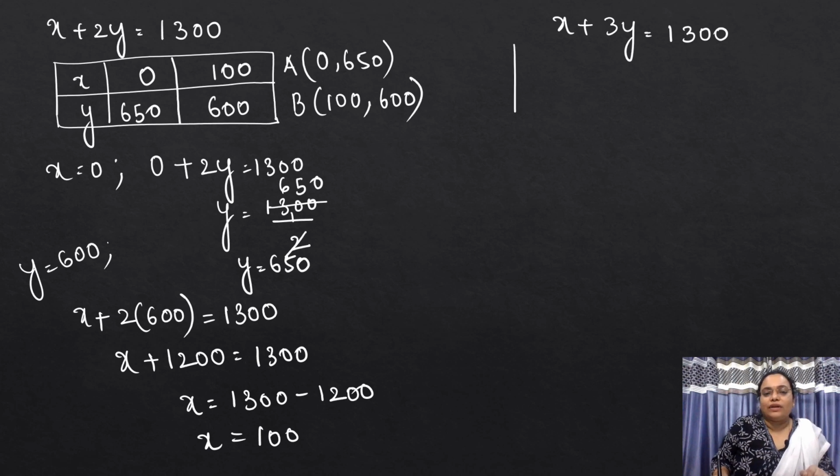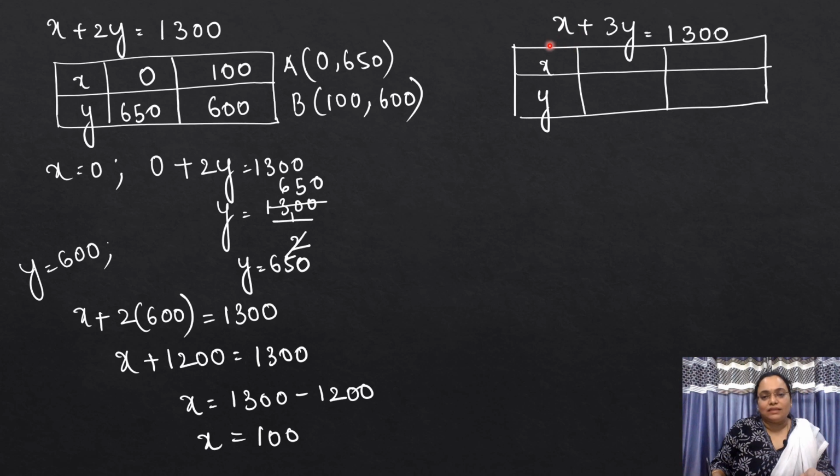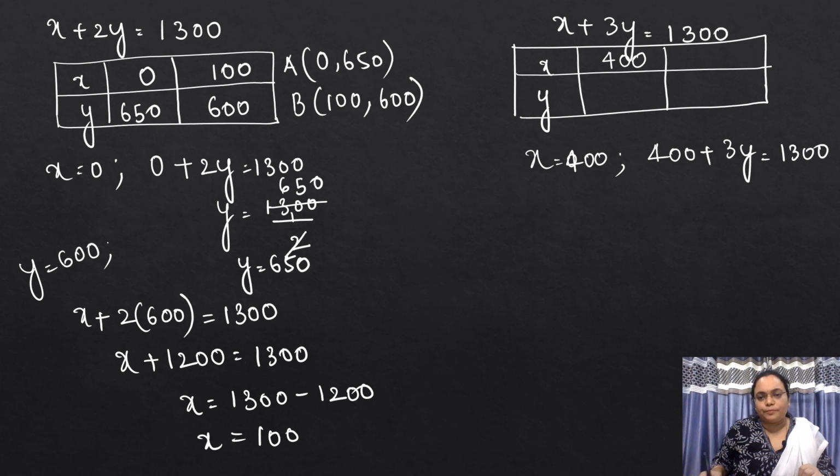Now let us try to find the points for the next equation. If you take x is equals to 0 or if you take x is equals to 100, this will be a bigger number. Let us take x is equals to 400. That is, if you take x is equals to 400, that will be 400 plus 3y is equals to 1300.